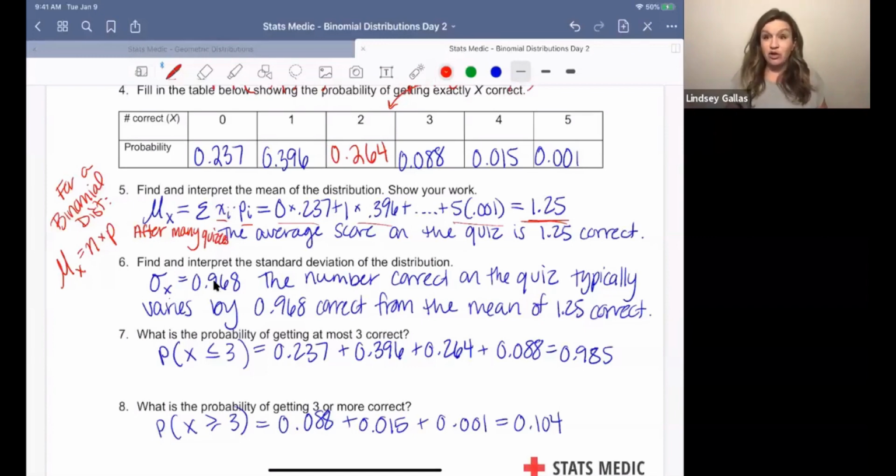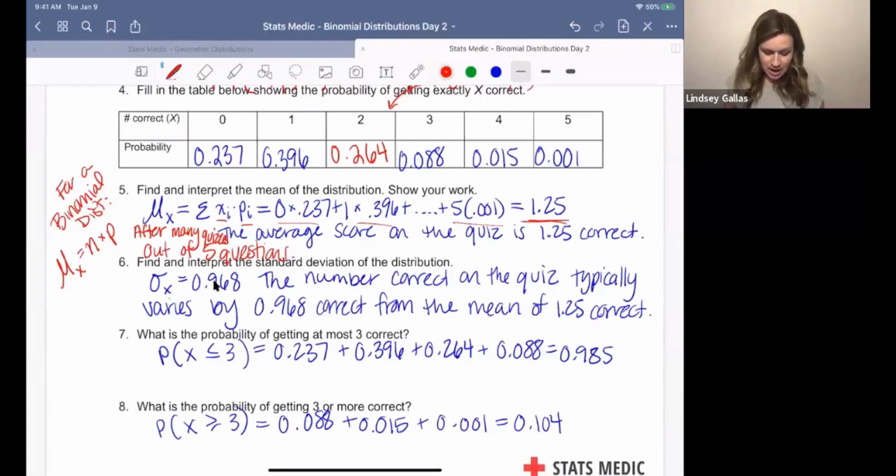Are we talking out of 100 questions? Well, ooh, then that quiz went really bad. So what you need to include in these also is out of how many. So I have on here now, after many quizzes, the average score on the quiz is 1.25 correct out of 5 questions. So you do want to make sure with these that you are including N, so you're telling out of how many trials this was.